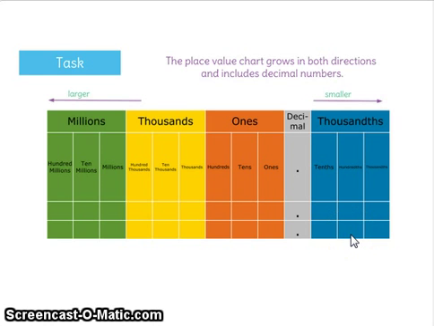Now I want you to think about this. How would you say it if it was 170 thousandths, meaning there's a 0 in the thousandths place? Pause and discuss. Okay, you can say it one of two ways. You could say 170 thousandths, but zeros on the tail end of a decimal can be eliminated.